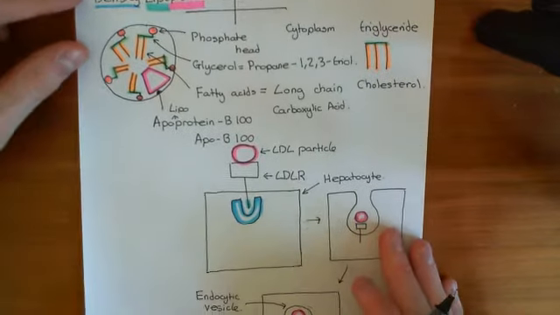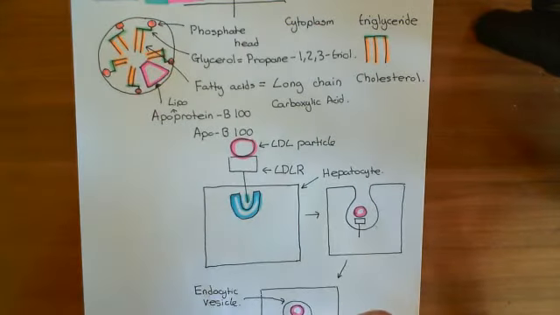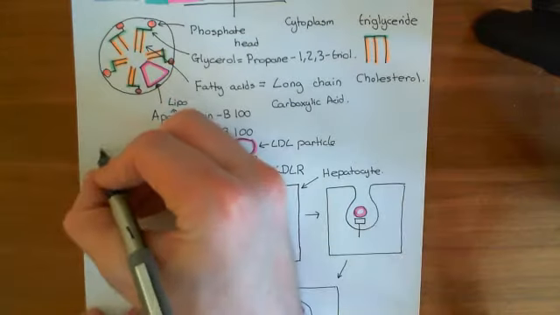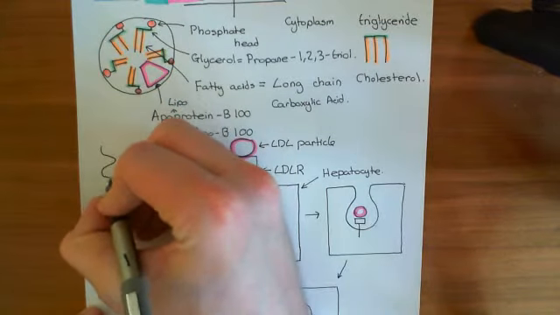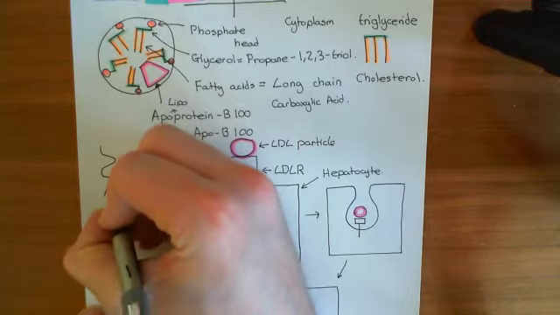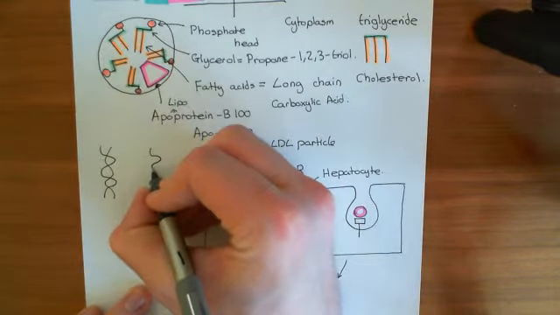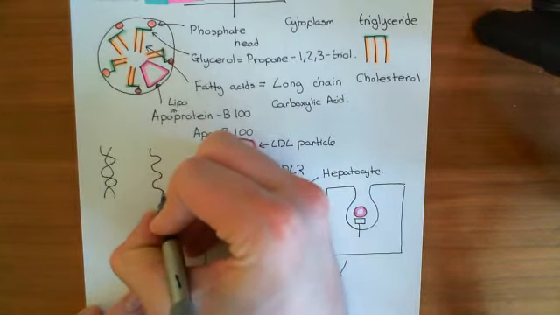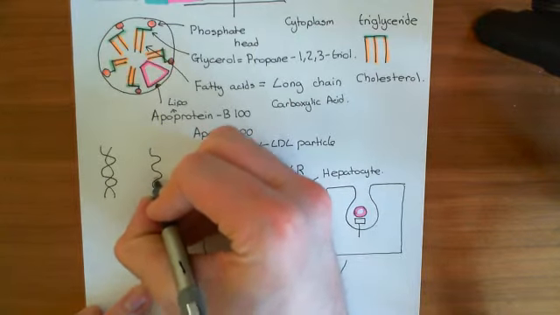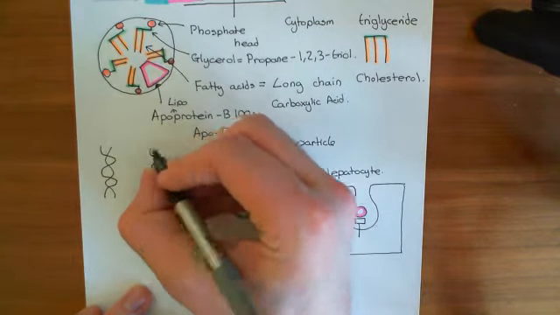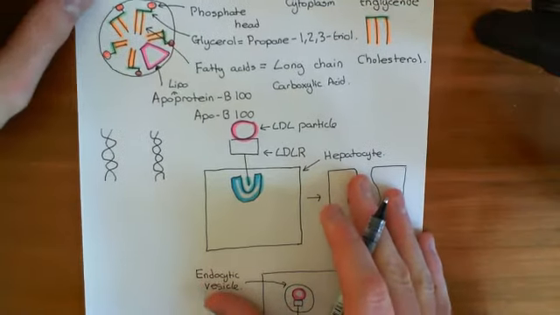So, we have two genes for the LDL receptor. So we'll have one on our chromosome that came from our mother, and we'll have one on our paternal chromosome. So every gene we have two copies of in the human genome, at least for chromosomes 1 to 22. Okay, so we have these two LDL genes.